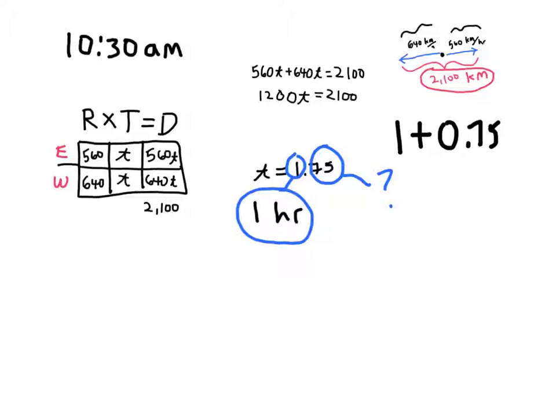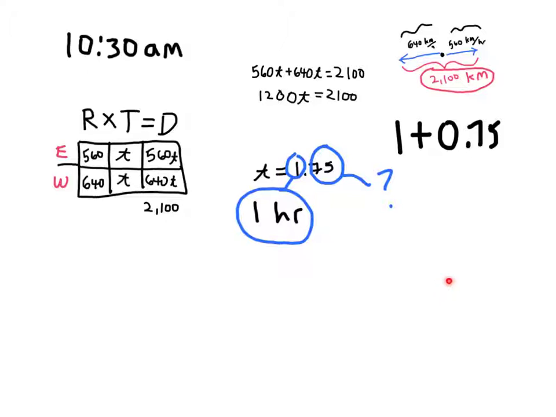Now what we're going to do is set that fraction equal to x minutes over 60 minutes, because whatever the amount of minutes gone by, it's a fraction of a total hour. Okay, so this is a part of a whole. It's a fraction of a total hour.